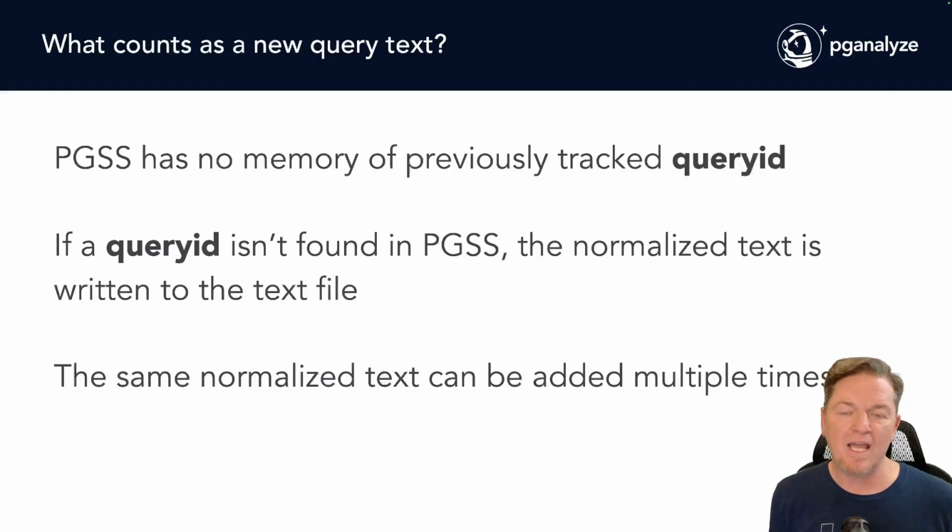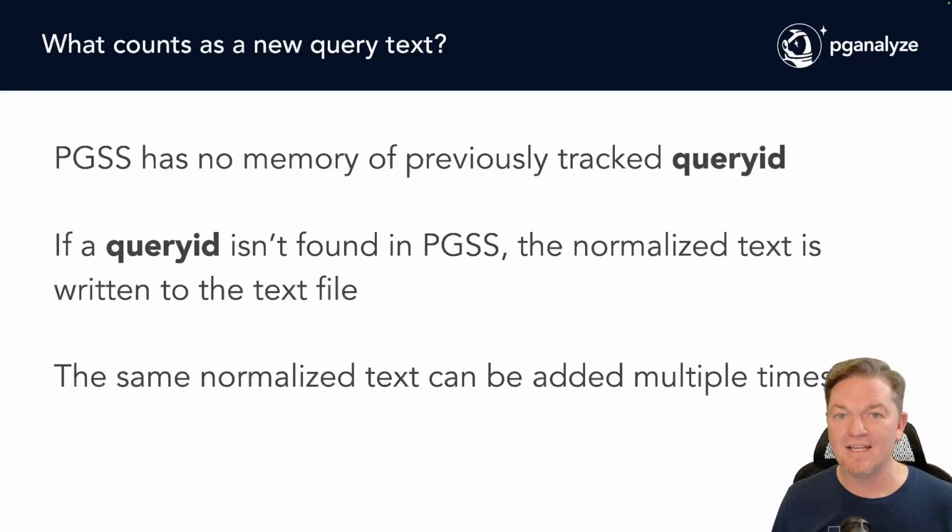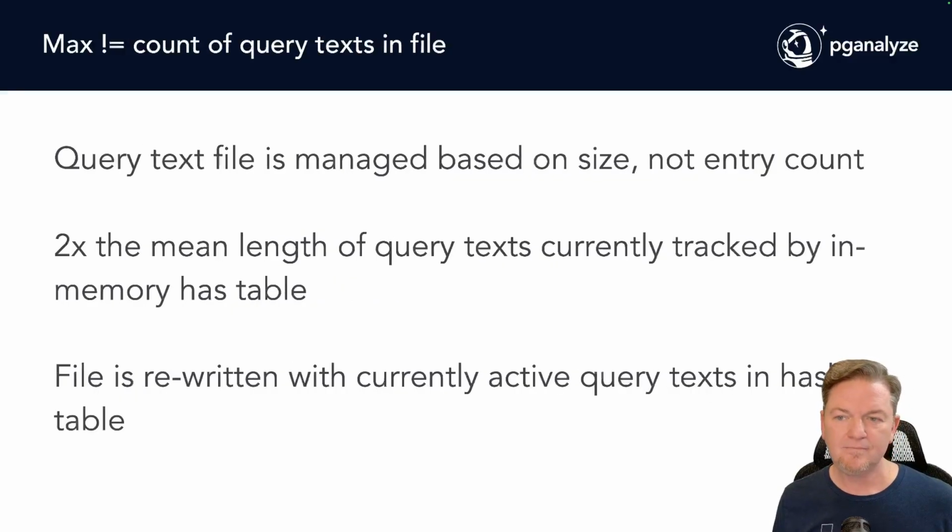It's an in-memory hash table. So the next time it comes in, it says, oh, this is a new query. And it will write a new version of that text to the file. It doesn't know it existed previously. Again, it's just tracking an offset inside of a file. So you can actually have multiple versions of the same query text inside of the query text file.